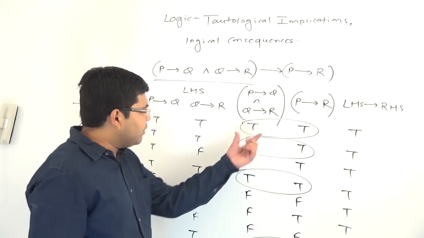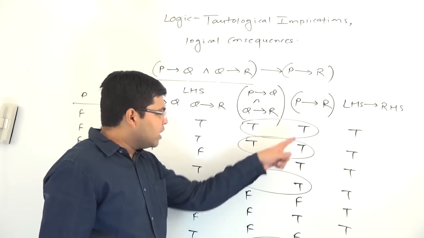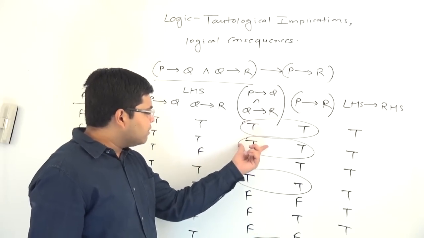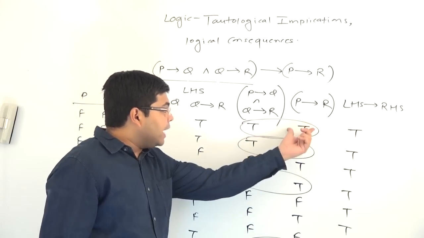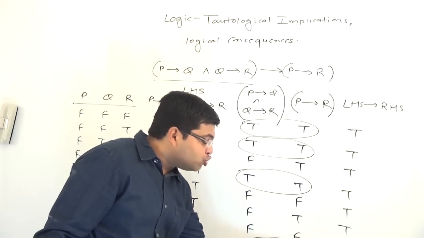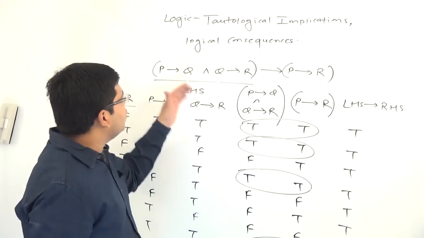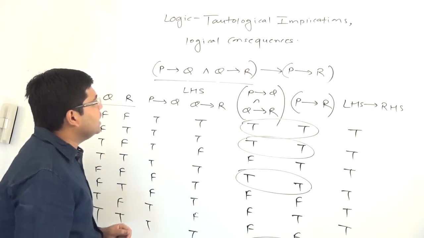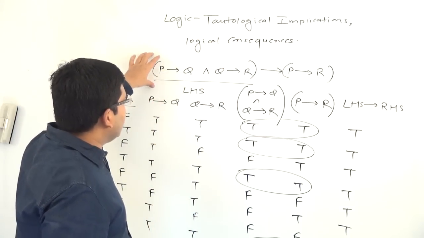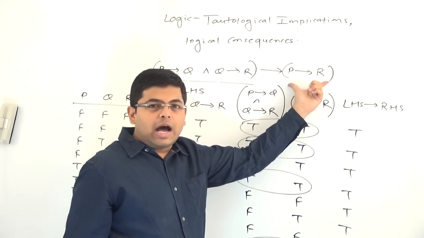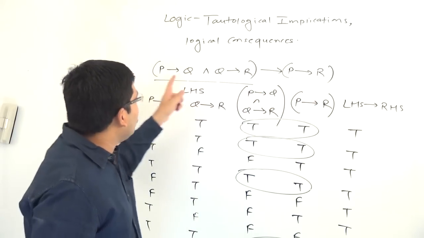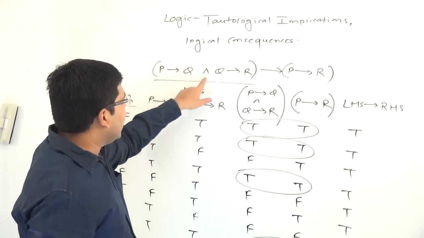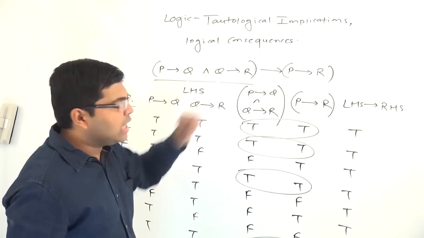I am again saying, whenever the left hand side is true, the right hand side is also true, or whenever the left hand side is true, the right hand side cannot be false. Now such a case will be called a tautological implication. And in this case, the formula P implies R is called a logical consequence of the formulas P implies Q and Q implies R.